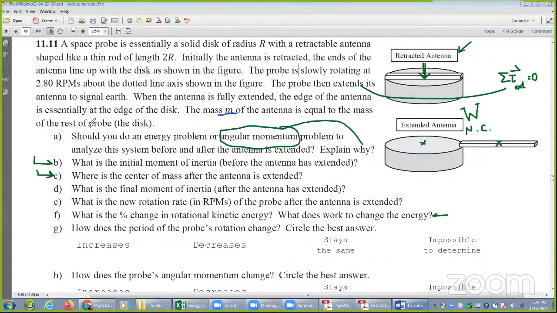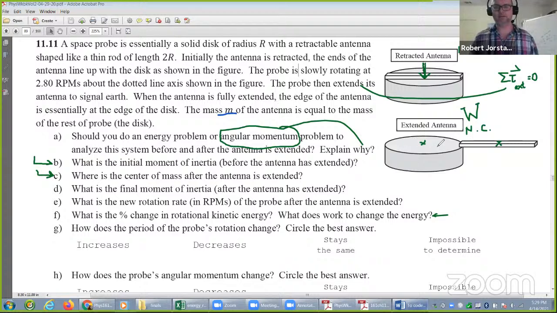Yeah, and they both have the same mass, so is it closer to the disk's center or closer to the rod's center? The same. They have equal mass. If they're both the same mass, it's right there. Does that make sense?